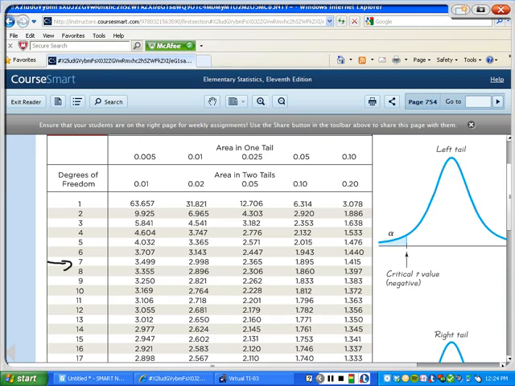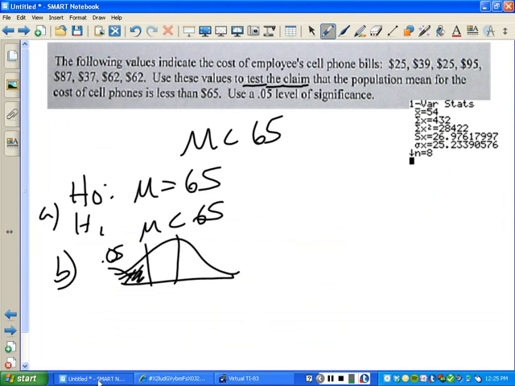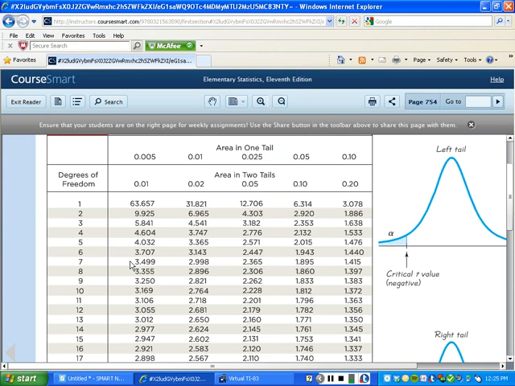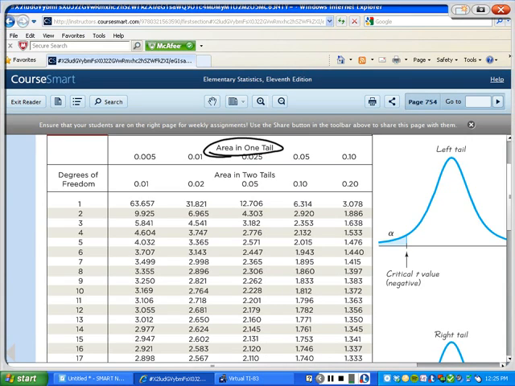Now, what are we going to look at? Well, what we have here is the area in one tail. The area in one tail is 0.05.